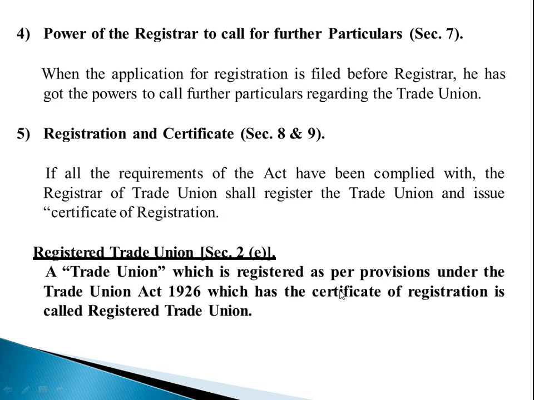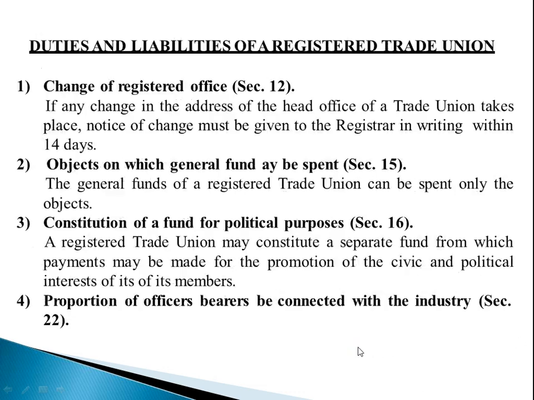It is a trade union registered as per the provisions under the Trade Union Act, which has the certificate of registration. The privileges, rights, or bargaining power are more when compared with other employees as a group. That is why this particular act has been introduced.